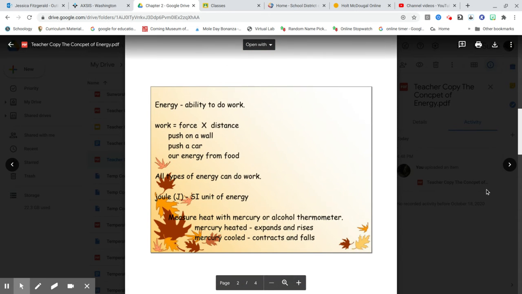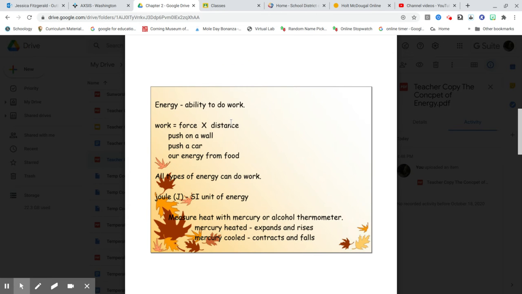So, the definition of energy is the ability to do work. So, if we're going to calculate work that is being completed, we would take force times distance. So, there must be a force that's applied and some sort of distance that it is achieved. So, if I push on a wall, I'm applying force to the wall and then it falls over, it's moved some distance.